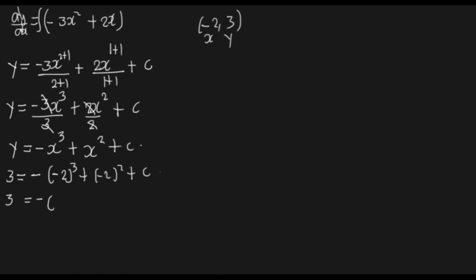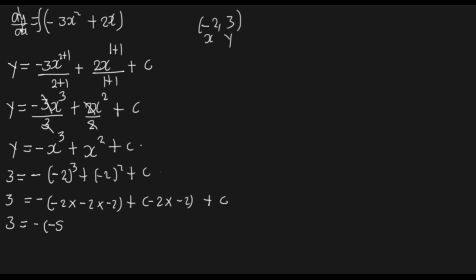So first let's expand the inside. Negative 2 is raised to the power 3, so we have 3 negative 2's. Plus, here we are going to have negative 2 times negative 2, then plus c. So negative 2 times negative 2 is positive 4, times negative 2.